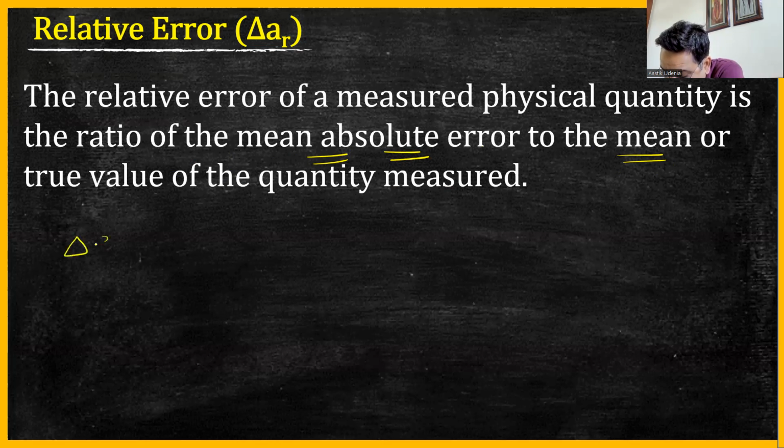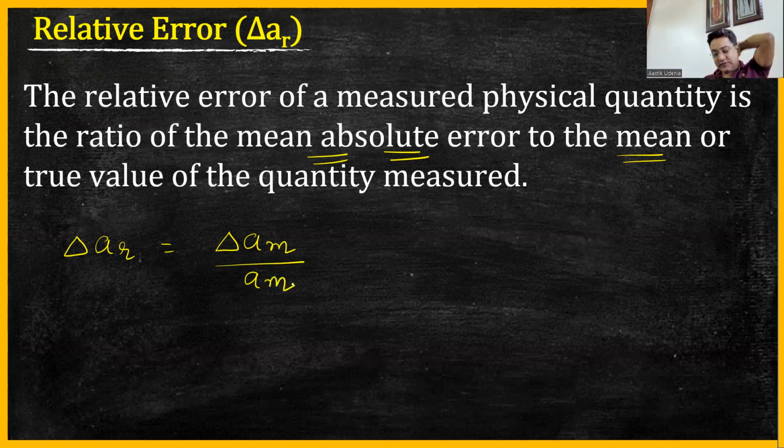So I can write delta AR will be equal to delta AM divided by AM. This tells us the ratio of the mean of the error that you got to the true value or the mean value. Do we understand this? Yes, sir. Have you noted it down? Yes, sir.